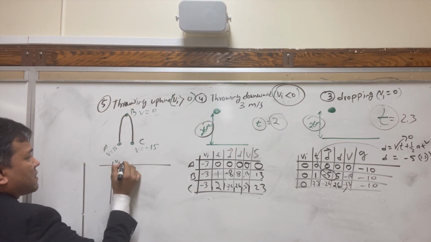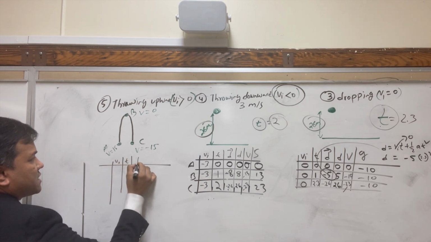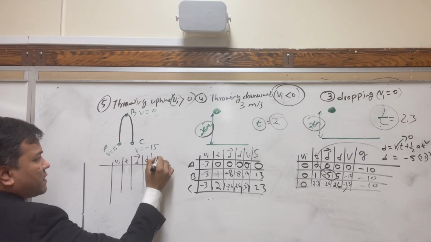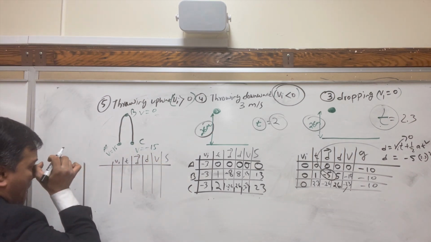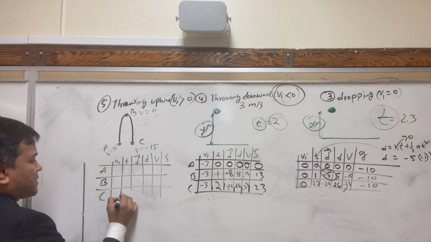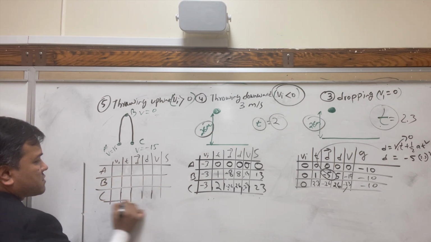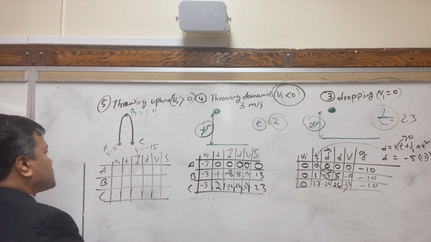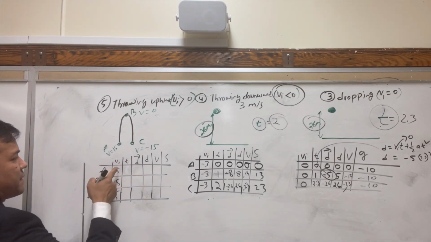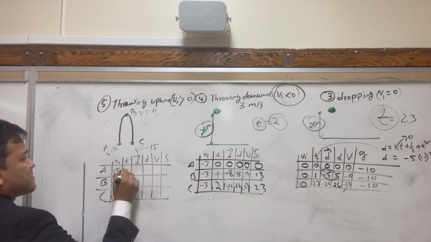Vi, T, D, D, V, S. So at location A, location B, and location C. All right, so this one is easy. Velocity initial is 15, 15, 15. Time at location A is 0.